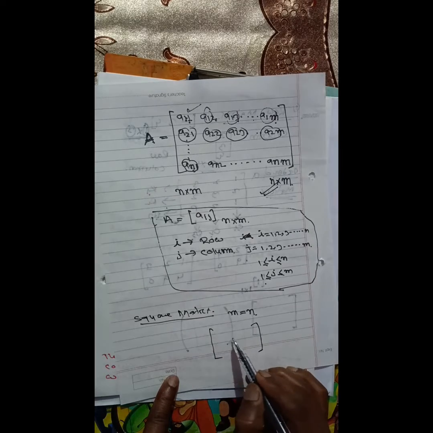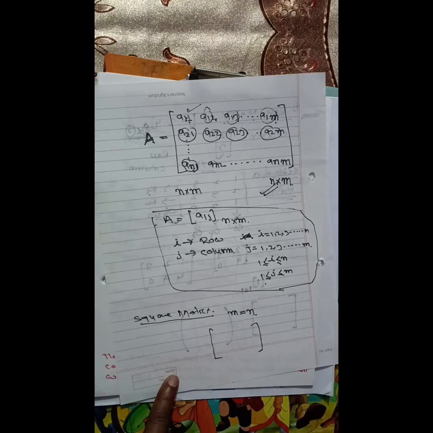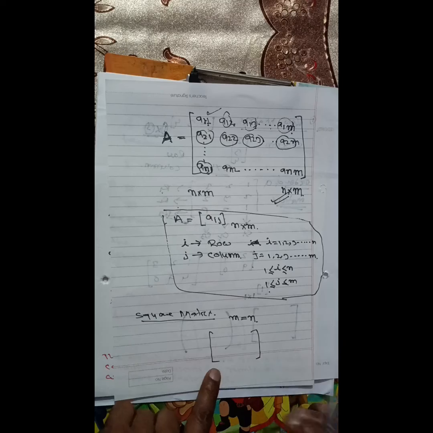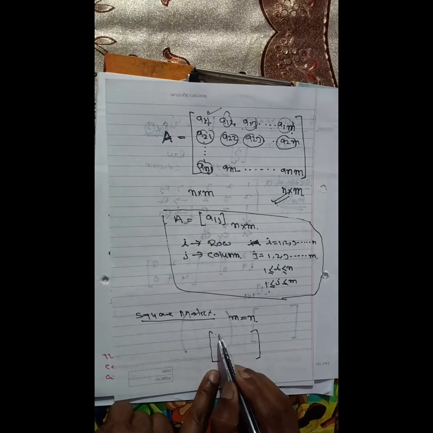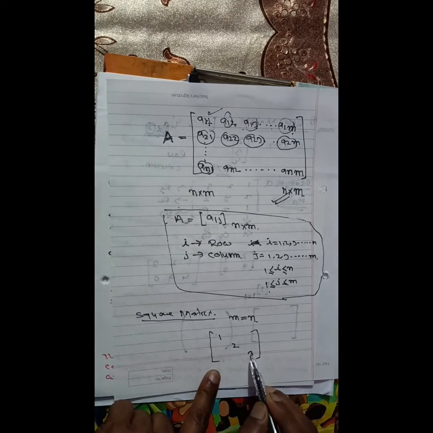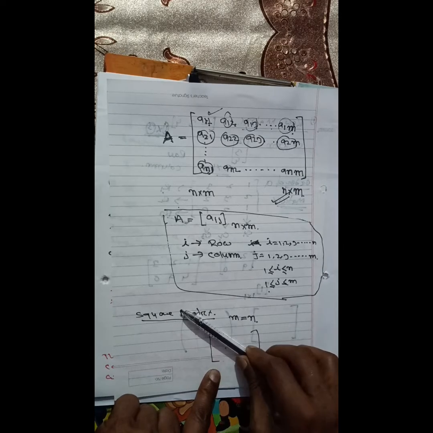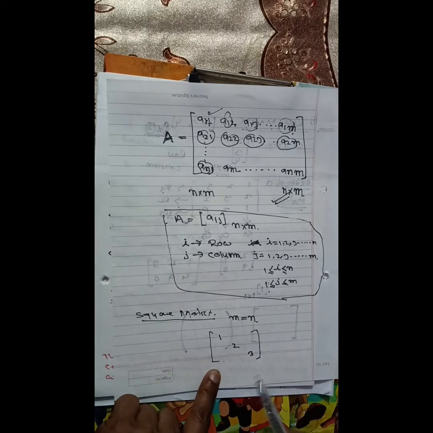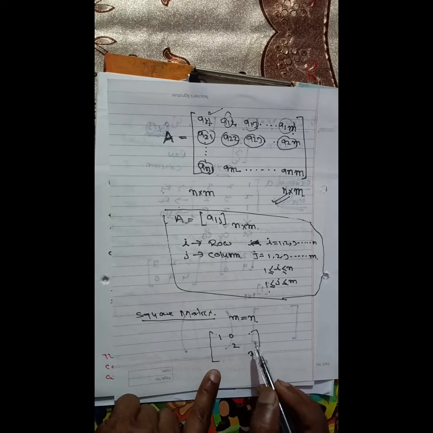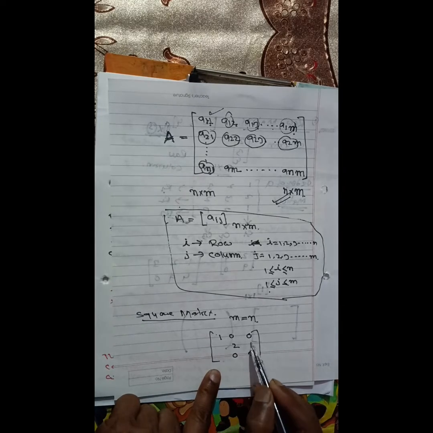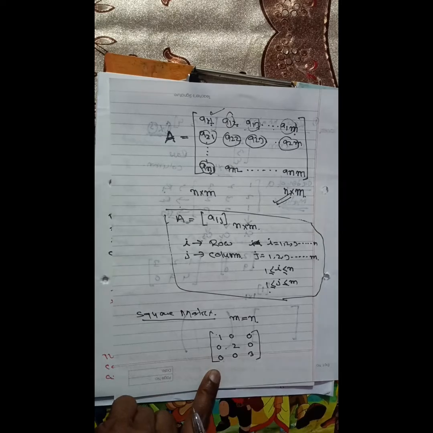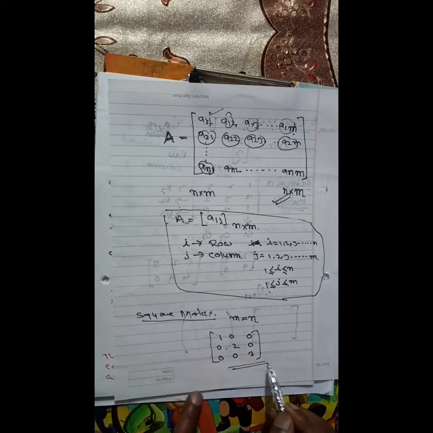Non-diagonal means, if you consider this as the diagonal, 1, 2, 3, the other elements are non-diagonal elements, so the other elements become 0.